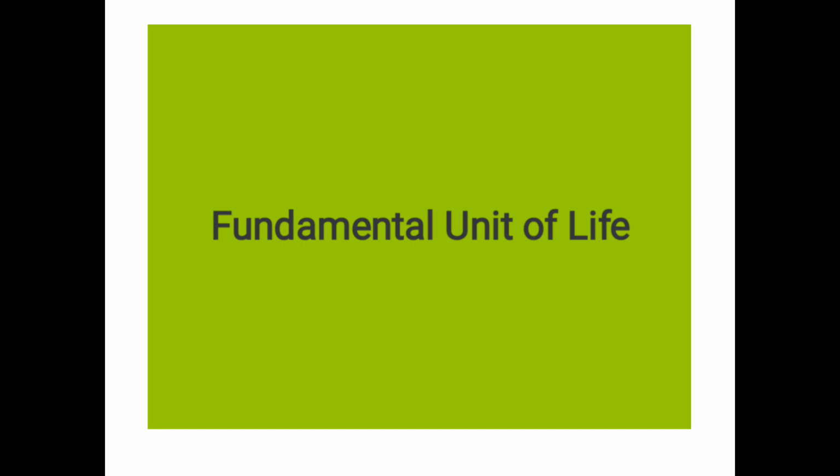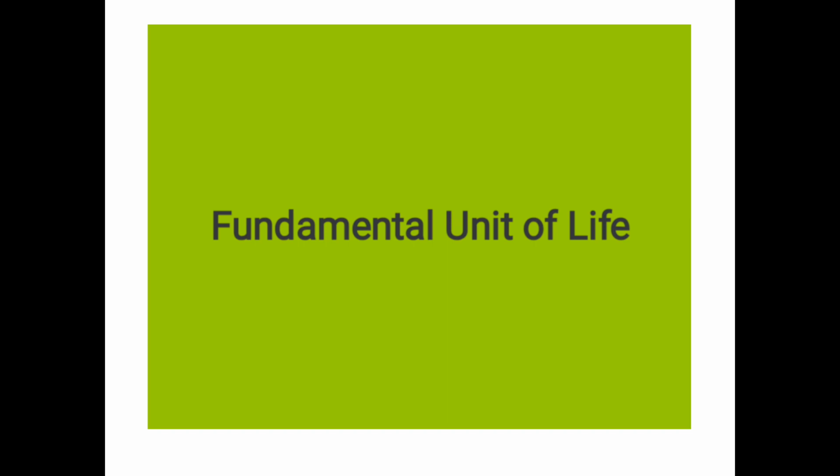Generally, the cell is said to be the fundamental unit of life because it is the basic unit. With the help of the cell only we can do all the functions, especially digestion, excretion, respiration, reproduction. All these life processes will be done by a cell. That's why it is said to be the fundamental unit of life.